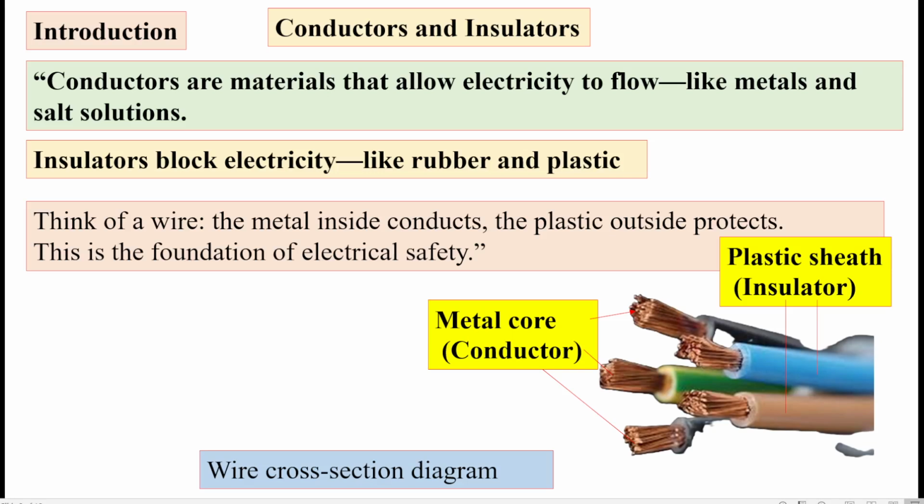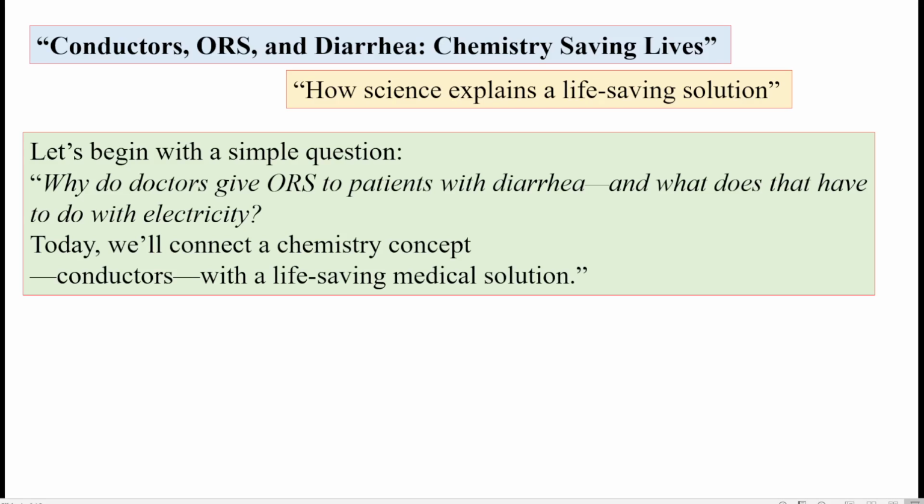So we are safely using electricity in our house because of the combination of conductors and insulators. Conductors allow the electricity to flow, whereas insulators block it. That's why when you touch the wire, you are not affected by the electricity flow.